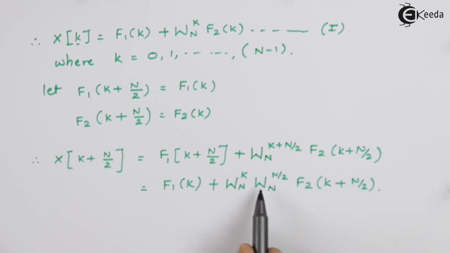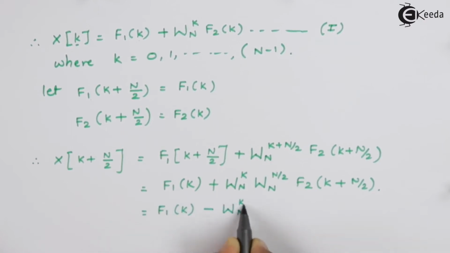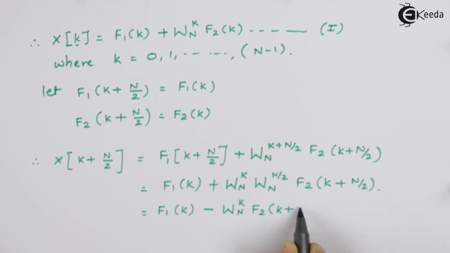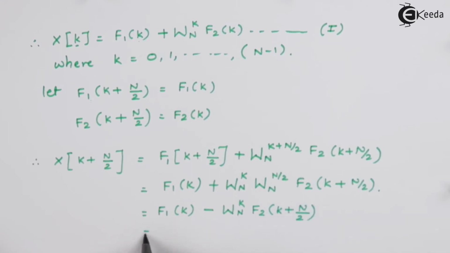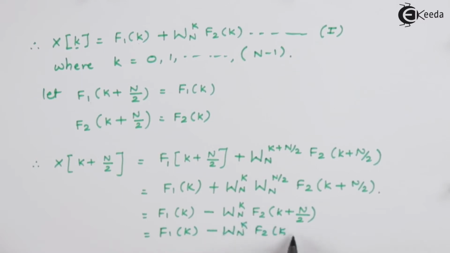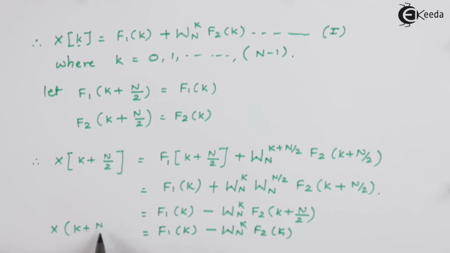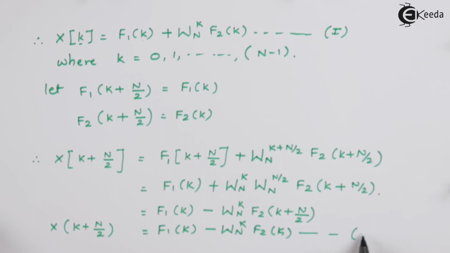Now omega n to the power n by 2 is always minus 1.